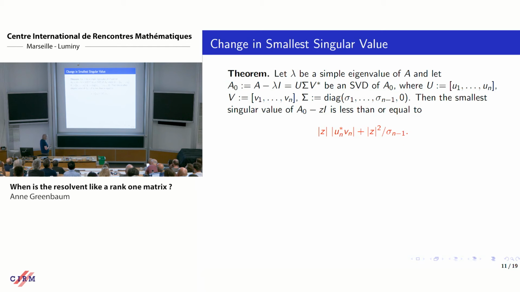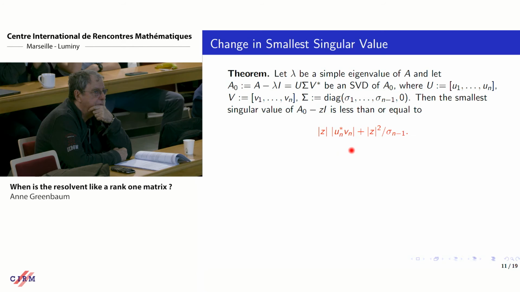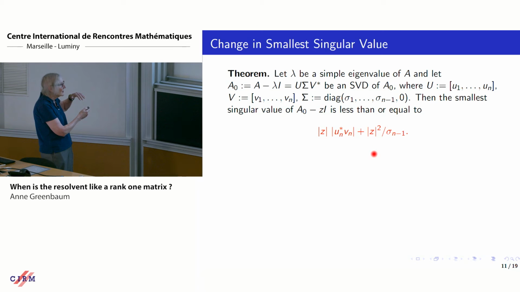Okay? So what this says is that if un star vn is very small, then this 0 singular value won't grow like Z, it will grow more like Z squared.